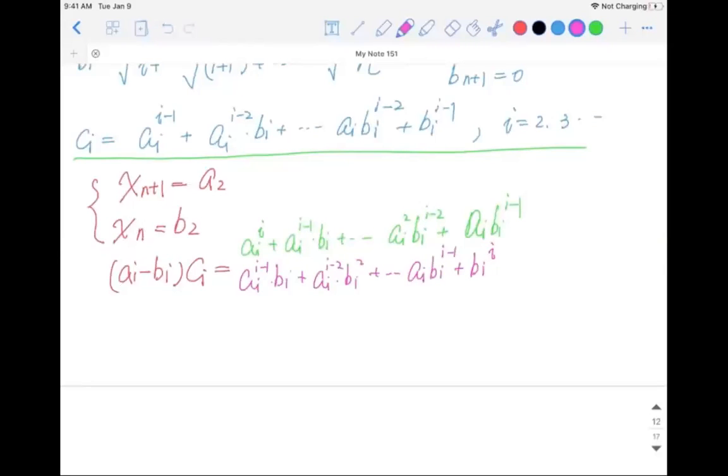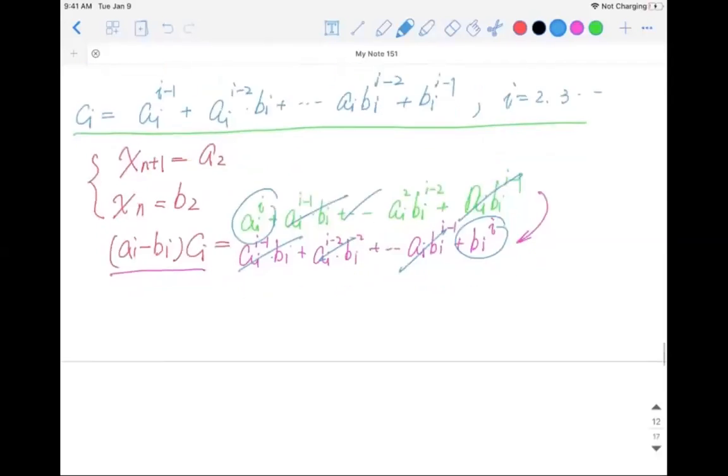If I do a subtraction between the upper one and the lower one, check it out. This part will be cancelled. This part will be cancelled. All the way, this part will be cancelled. Only the first one and the last one remain. Is that right? It equals AI to the power of I minus BI to the power of I.